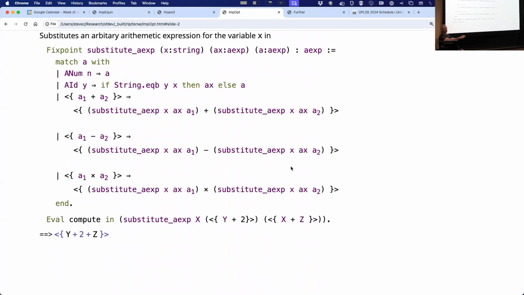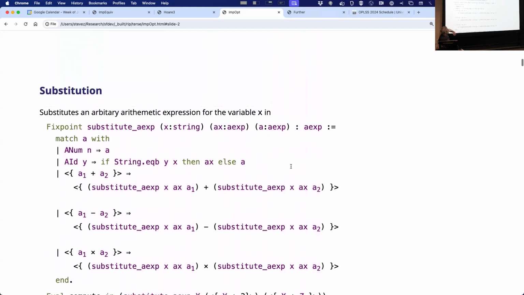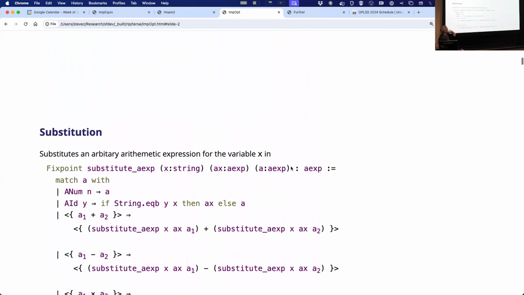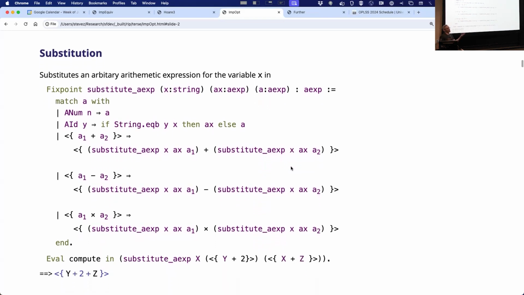And this is just a program that works over the abstract syntax. The only interesting case is the variable case. If we found x, then we just put in the thing we're substituting, and otherwise we leave it alone. And the rest of the code is just recursively crawling over the abstract syntax tree.